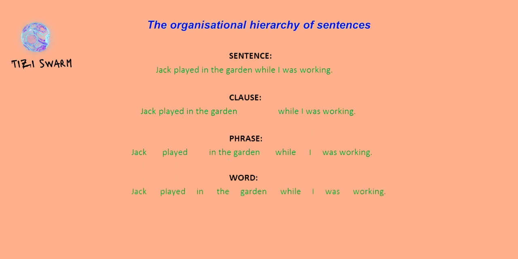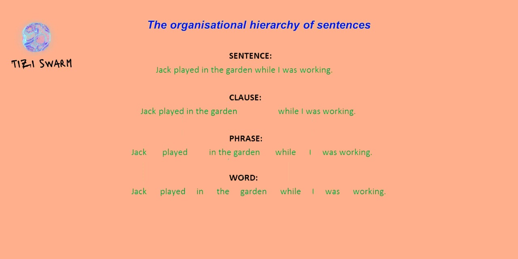That's how that looks. Okay, so sentences can be broken down into clauses, of which there may be one or more than one, and those clauses are joined together with conjunctions. The clauses can be broken down into phrases, which may consist of just one word or a group of words. And then the phrases can be broken down into individual words.